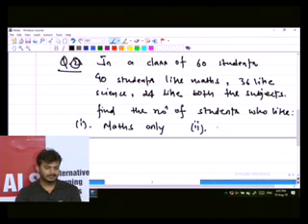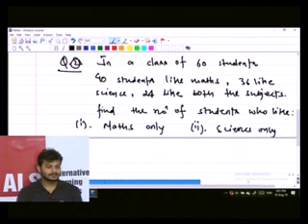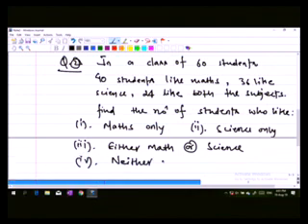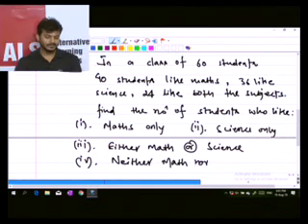Second is science only. Third is either math or science. Fourth, neither math nor science.